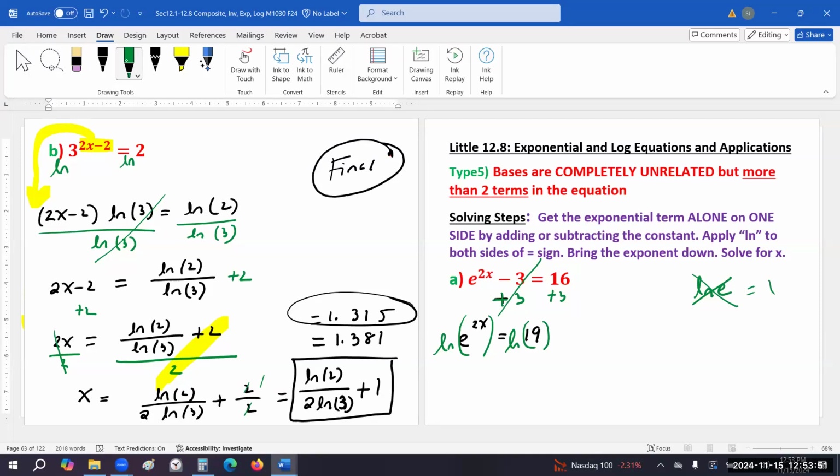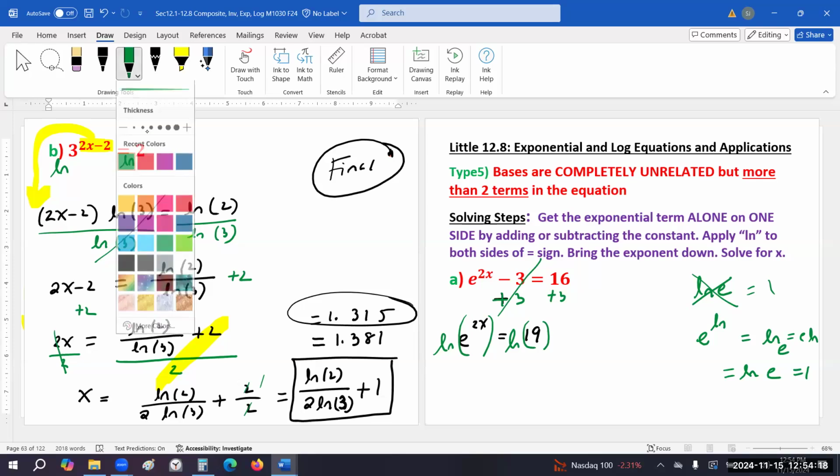So it doesn't matter how you write them. You can write e to the power ln, or you can write ln in the base e, or you can write e and ln, or you can write ln and e. It doesn't matter how you write them, as long as they're next to one another, all of them become one because they fight with one another.